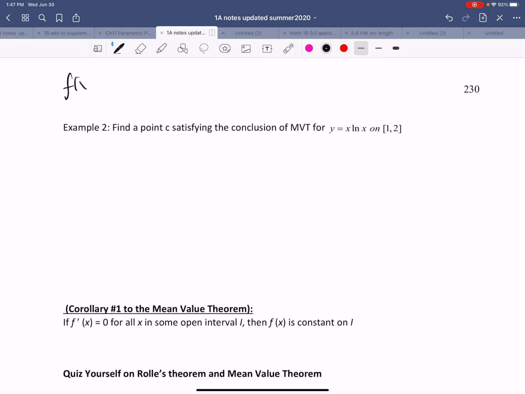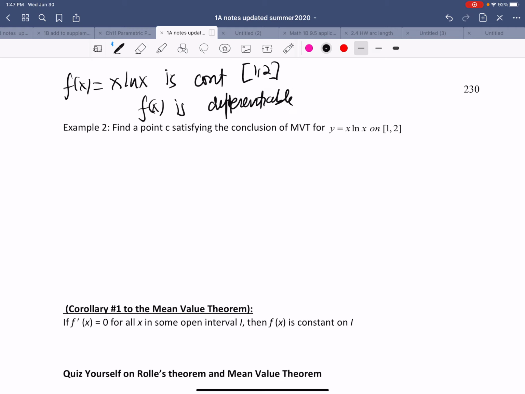So f of x equals x natural log of x is continuous on the closed interval 1 to 2. It is differentiable over the open interval 1 to 2. And that means MVT applies.